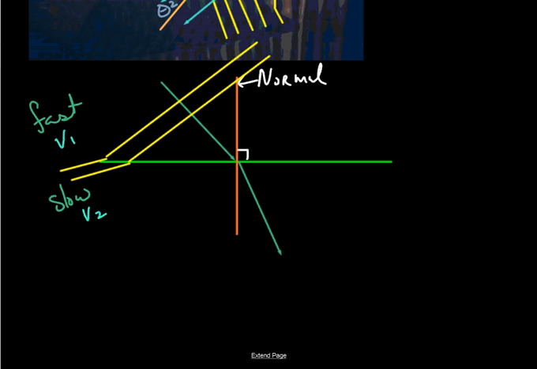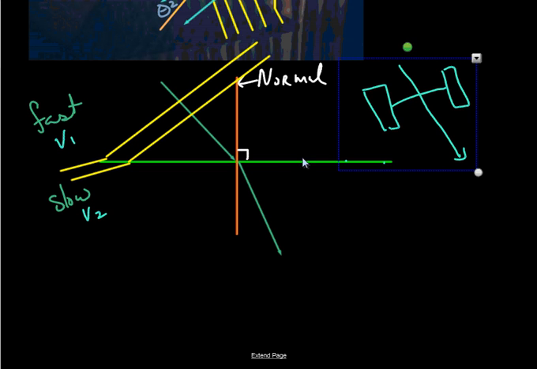So to help you think of this, imagine that this represents the sidewalk and this represents your grass lawn. And let's say that you have two wheels on an axle coming in and striking the interface between these two different surfaces, right? So if we have a wheel and axle coming in here and interfacing there, you can imagine that this wheel here will hit first, right?